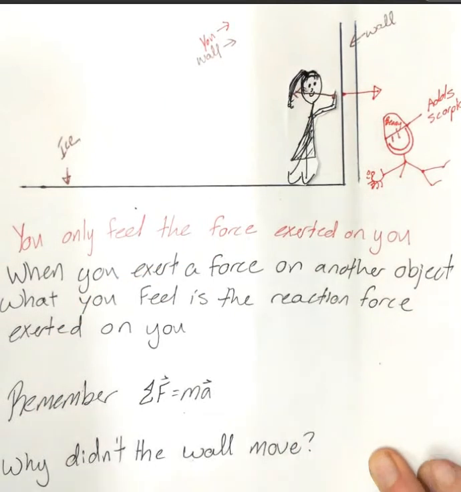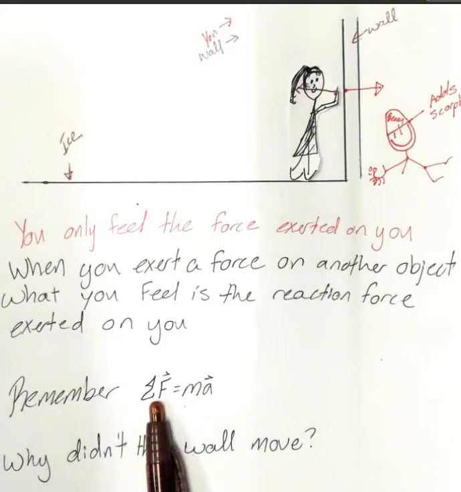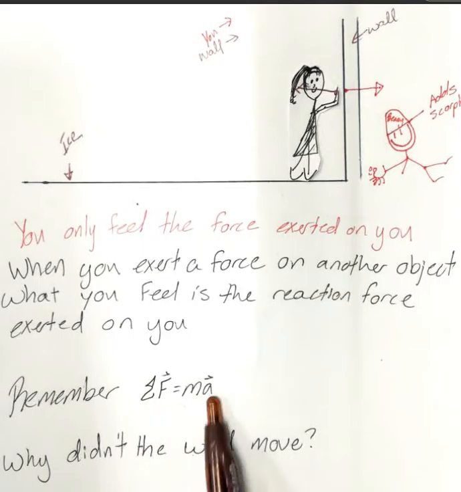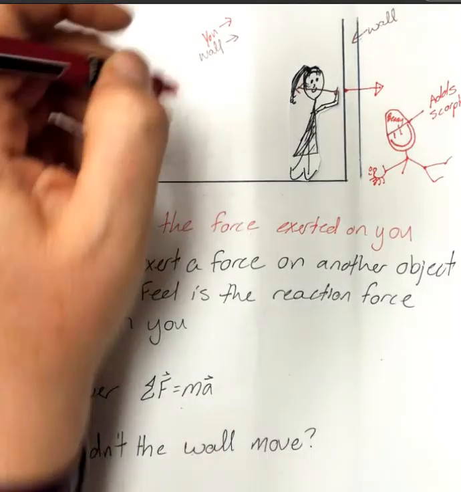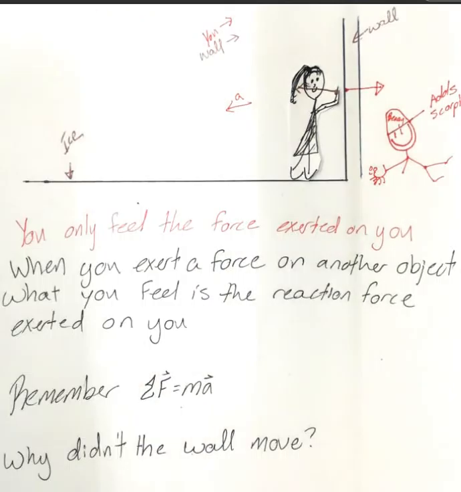So remember that it's the net force that causes an acceleration, right? And that the direction of the acceleration will always be in the same direction as the net force. So what direction did you move, right? Your acceleration is in that direction.